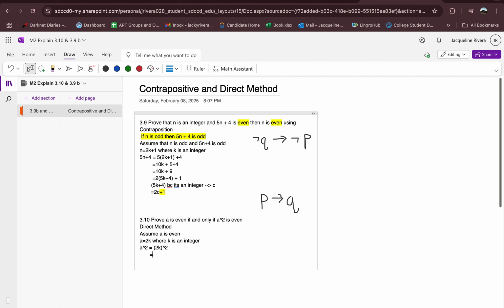And then from here, we're basically just gonna keep expanding the expression. So it's gonna be 2k squared, which, if we separate them, will be 2k in parentheses and again 2k in parentheses. And then from here, we would end up getting 4k squared.